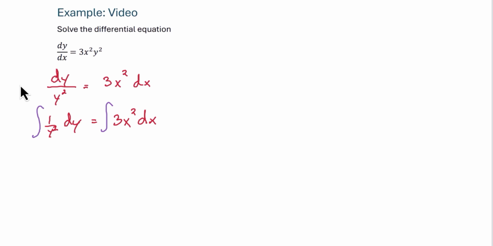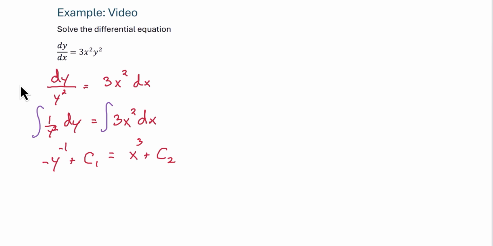Integrating on the left, we get negative y raised to the negative 1 plus c, and I'm going to call that c1 because we're going to have a constant on the right side as well. Integrating on the right side, we'll get x cubed plus a constant, which we will call c2.